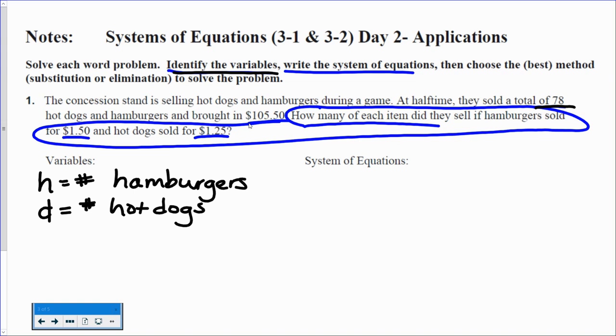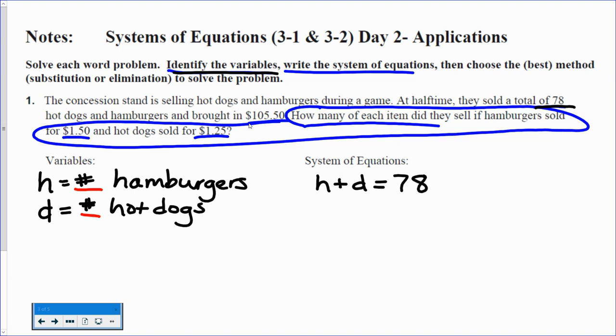So if I have the number of hamburgers and the number of hot dogs, and I know that total is 78, then I can just take H plus D to get 78, because that's the number of hamburgers plus the number of hot dogs, the total of the 78 items that they sold. Okay, so there's one equation.